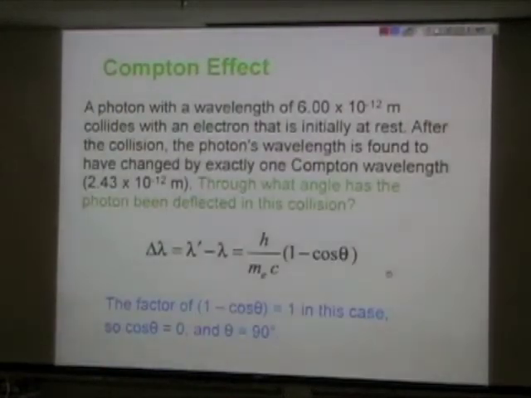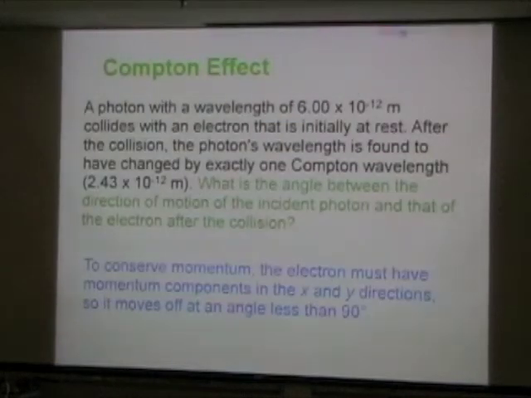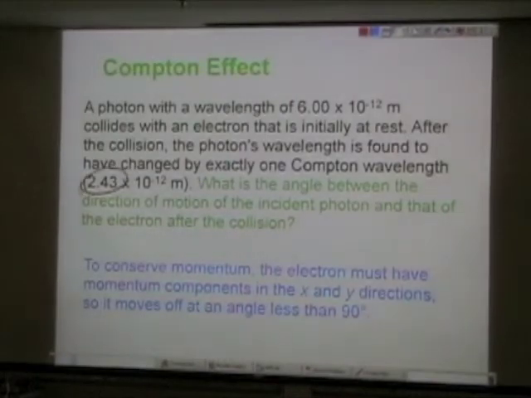This is just another example. If you calculate the difference between these numbers, the change in the wavelength, that will give you this number, 2.03, which is actually equal to this coefficient.